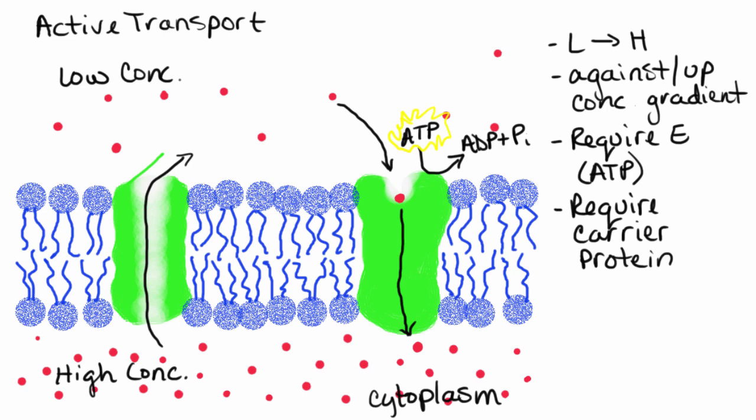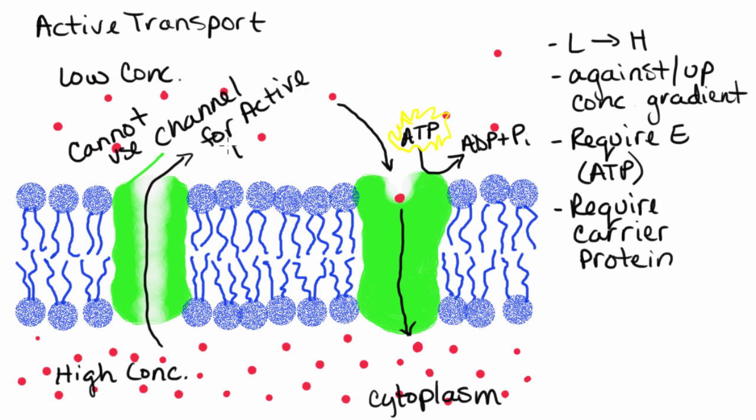In other words, the ball wants to roll down the hill. That's going to happen anytime we open the channel proteins. So that means we cannot use channels for active transport, because if we open them up, the molecules move the direction that we do not want them to go. This is why we mentioned over here that when we're talking about active transport, we're always going to be using the carrier proteins.